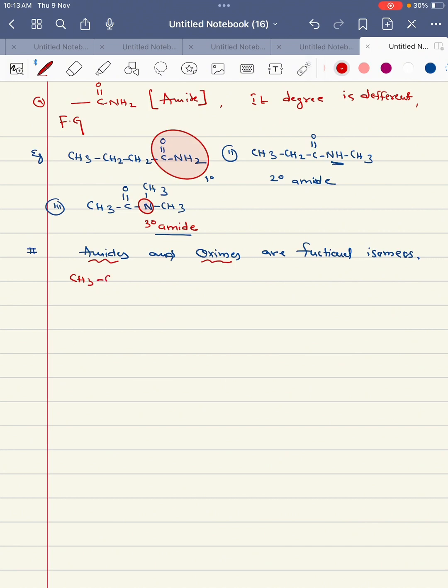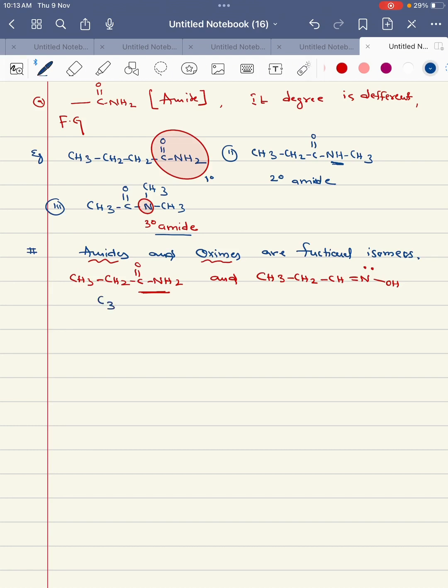So the first one is CH3, CH2, C=O, NH2. Which group is here, students? The amide group. Next I am going to write the oxime: CH3, CH2, CH, C=N, with one OH here and one lone pair. See, the molecular formula is the same.